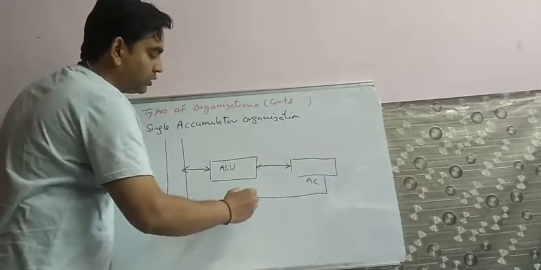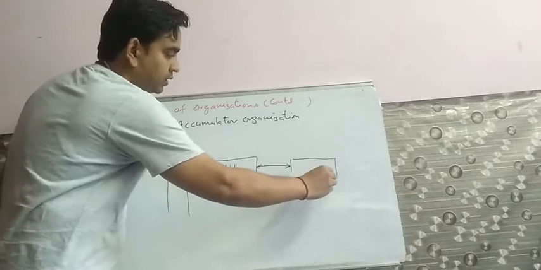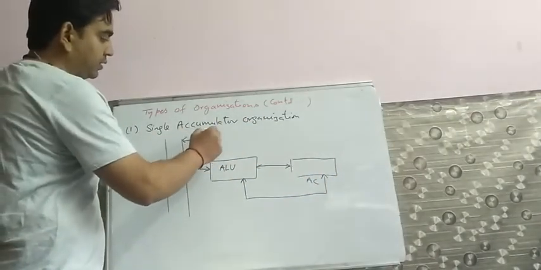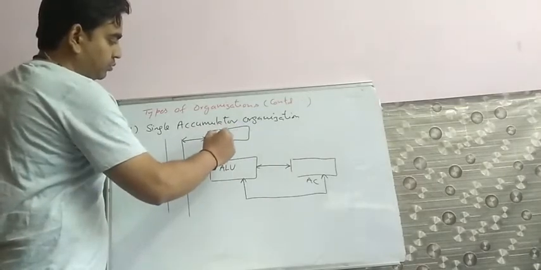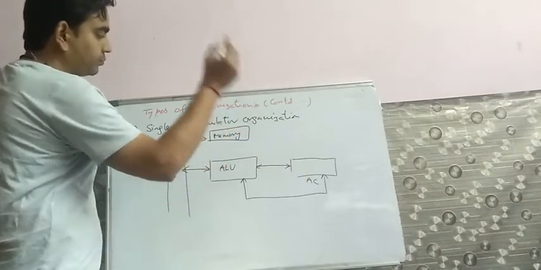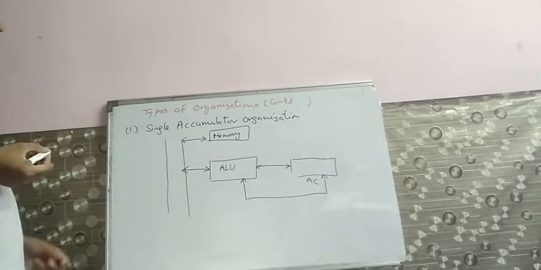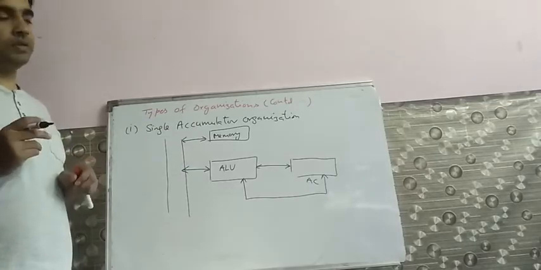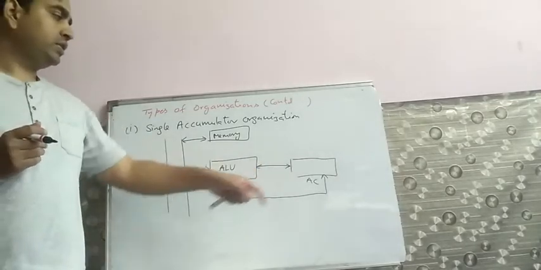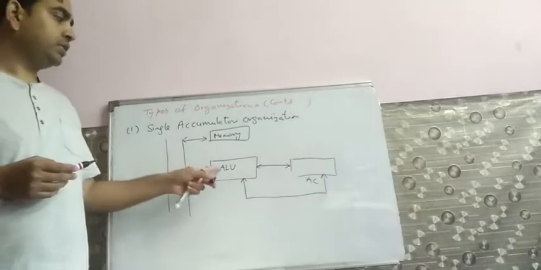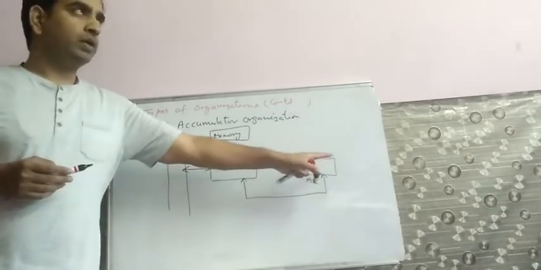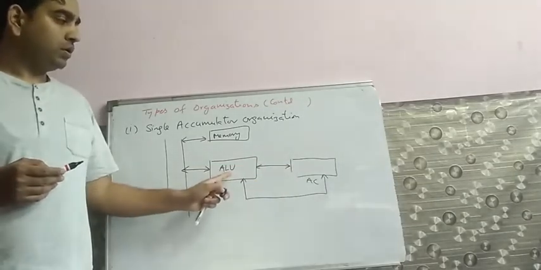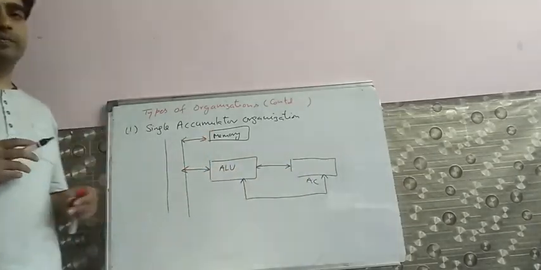The output of the accumulator is connected to the ALU in this fashion, and here is the memory of the computer. So this is basically the organization of a single accumulator, in which the accumulator register can store the results produced by the ALU, and the ALU can also take inputs from the accumulator.